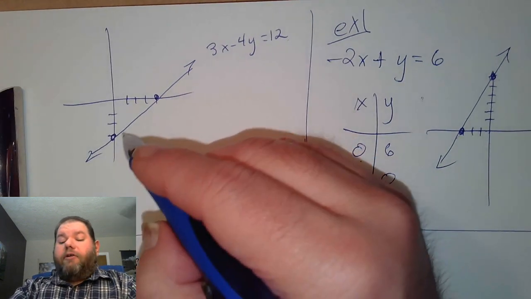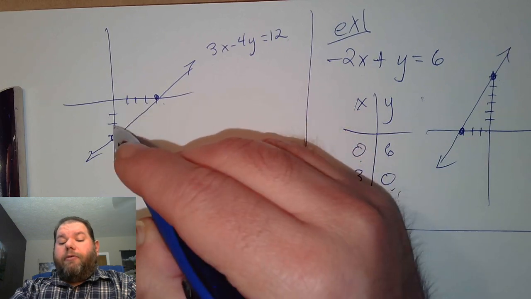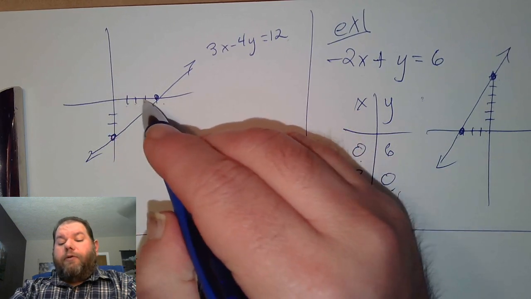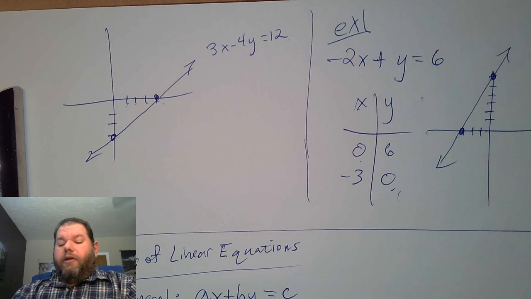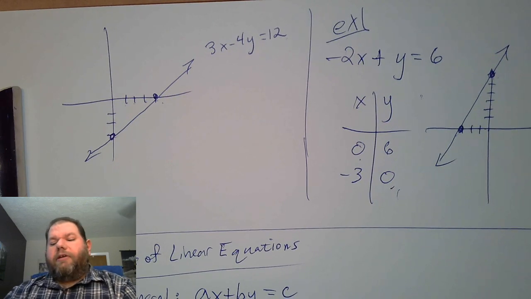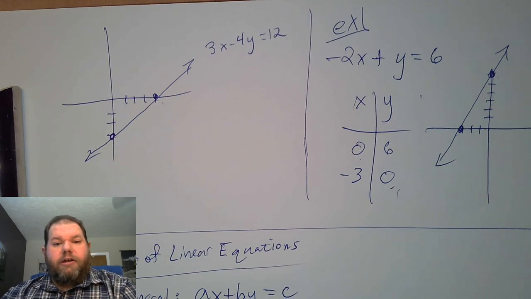Same thing with this graph. To go from here to here, we go up 3 and then right 4. So that's what the slope measures, basically how steep of an incline a line actually has.